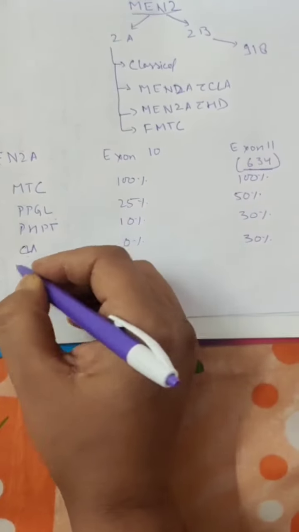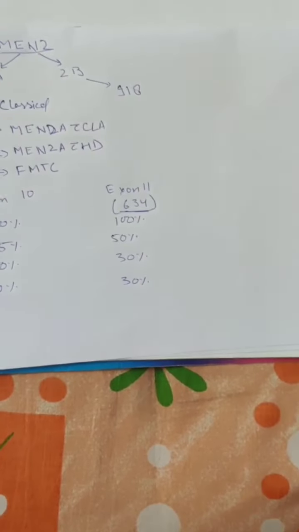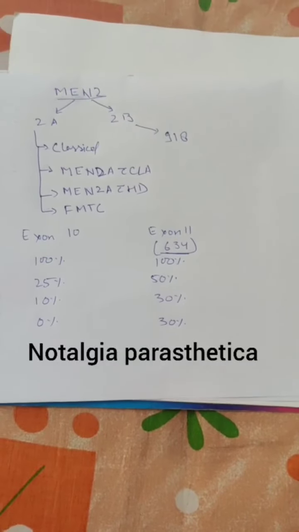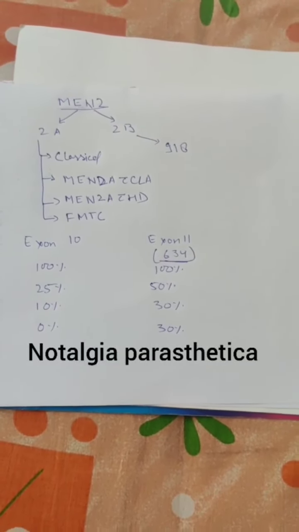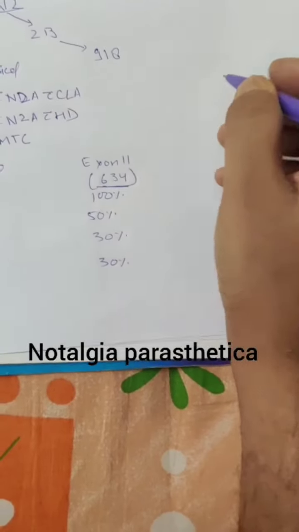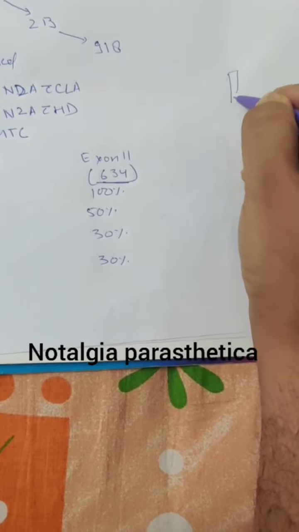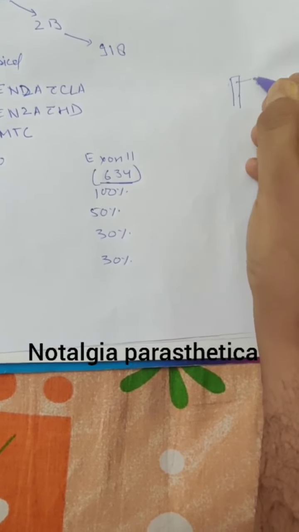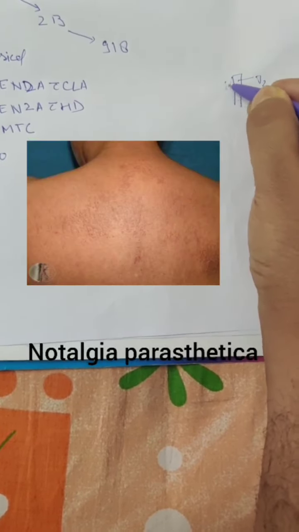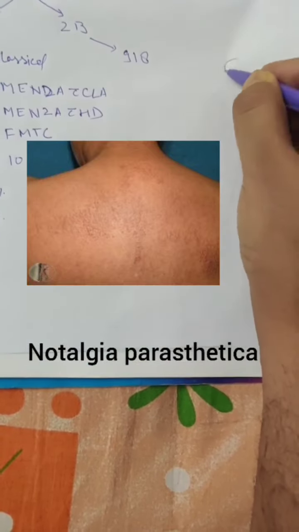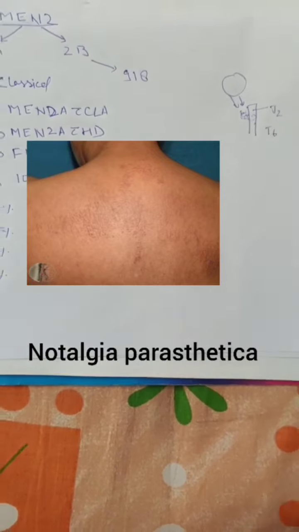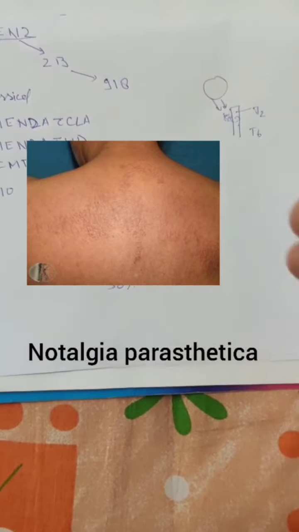So what is cutaneous lichen amyloidosis? It is also called notalgia paresthetica. It is basically a neuropathy which involves the dorsal spinal nerves T2 to T6 dermatomes. There is intense itching over the back after sun exposure, leading to hyperpigmentation.